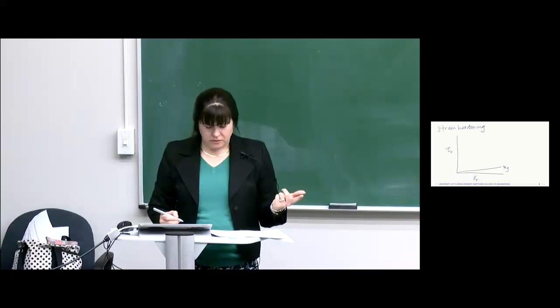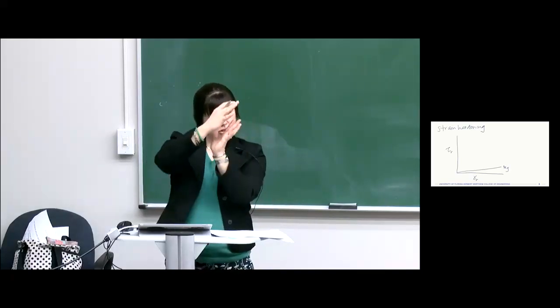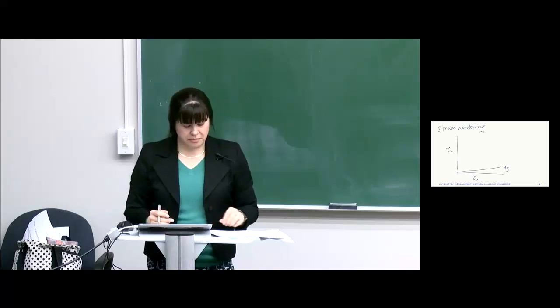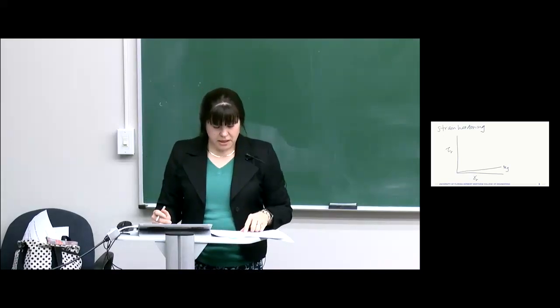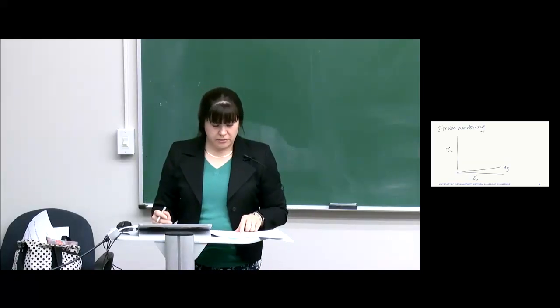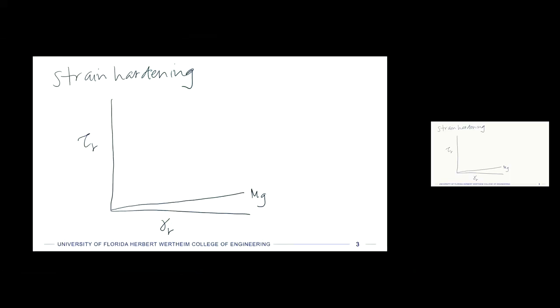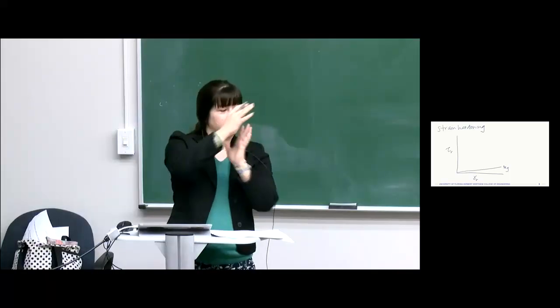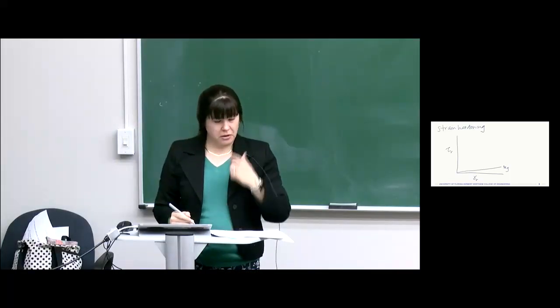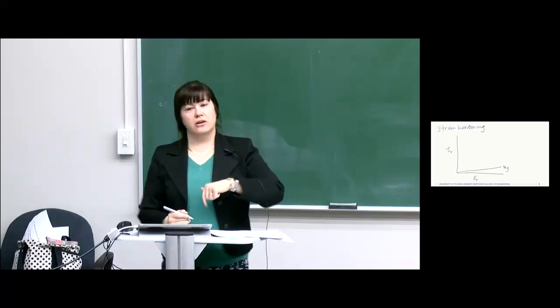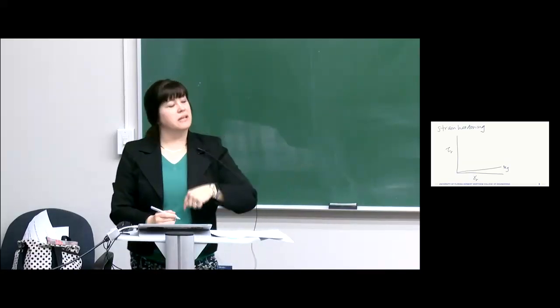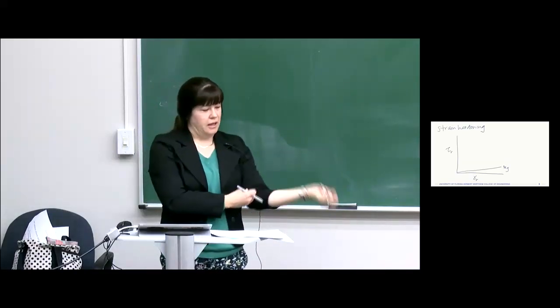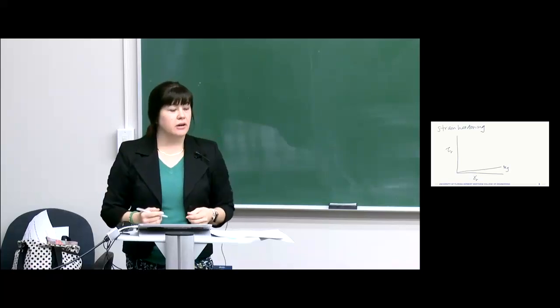Okay? So the more shear strain you have along the slip planes, the higher the resolved shear stress you need in order to keep having that slip. All right? So the interface gets harder to slip the more you slip, right? So that's kind of a layman's terms of strain hardening.